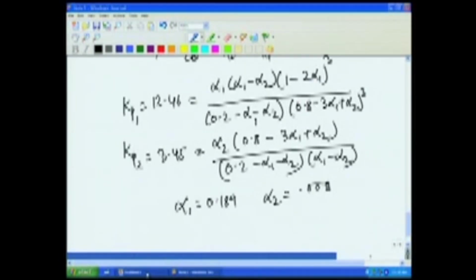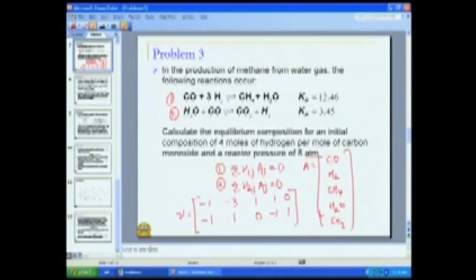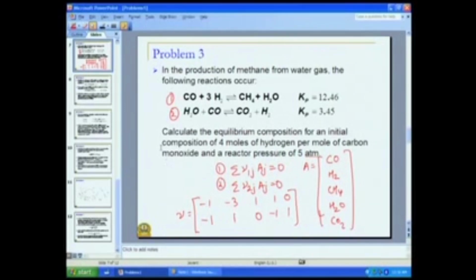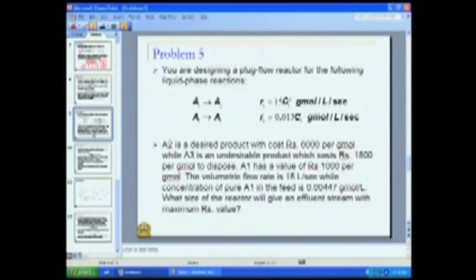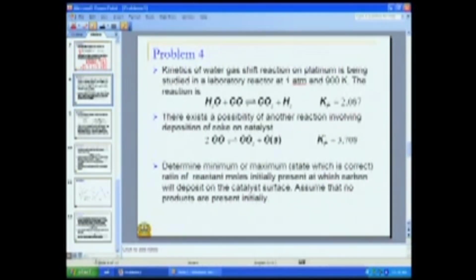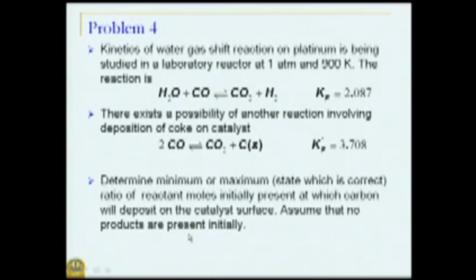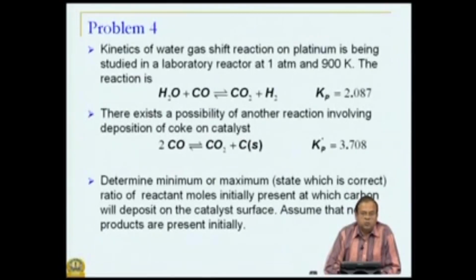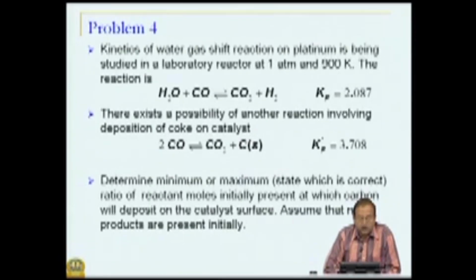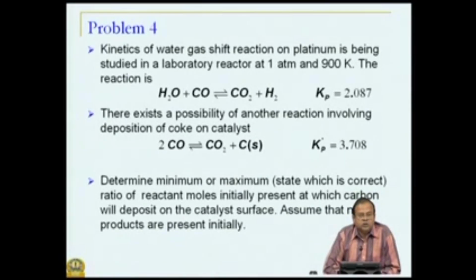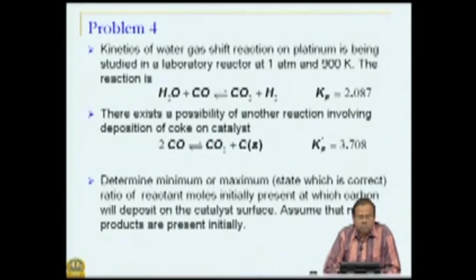Okay. Let us look at the next problem. This says that the kinetics of the water gas shift reaction on platinum is being studied in a laboratory reactor at 1 atmosphere and 900 K. The reaction is hydrogen plus carbon monoxide, carbon dioxide plus hydrogen.